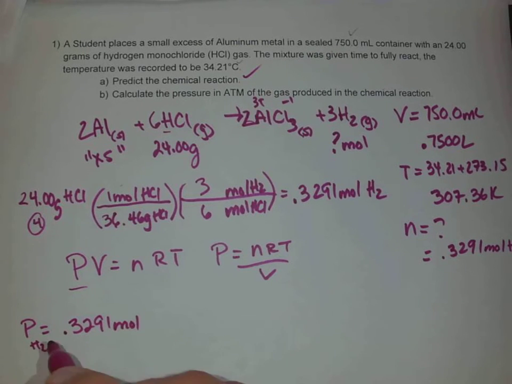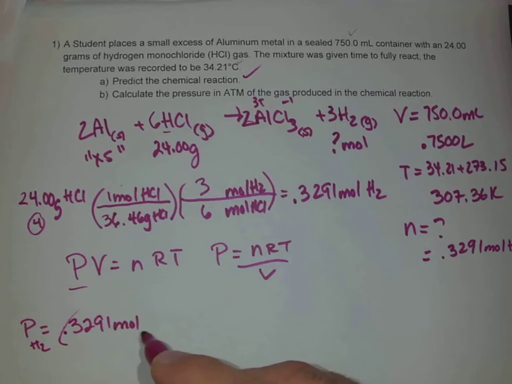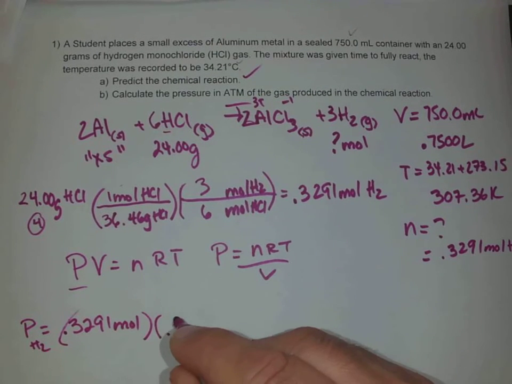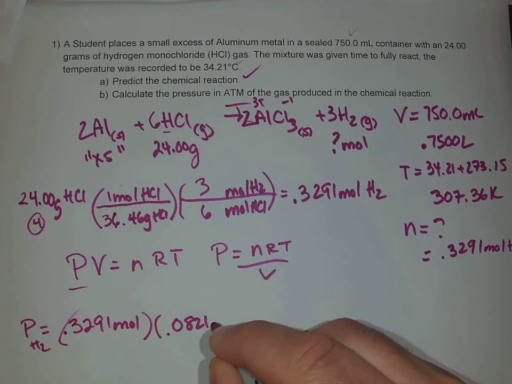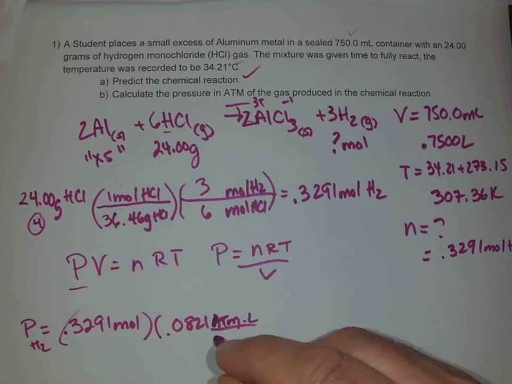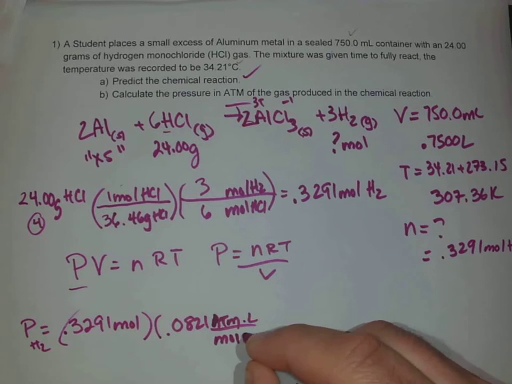And this is for the gas H2. It wants it in atm, so we are going to use 0.0821 atm times liters over moles times Kelvin.